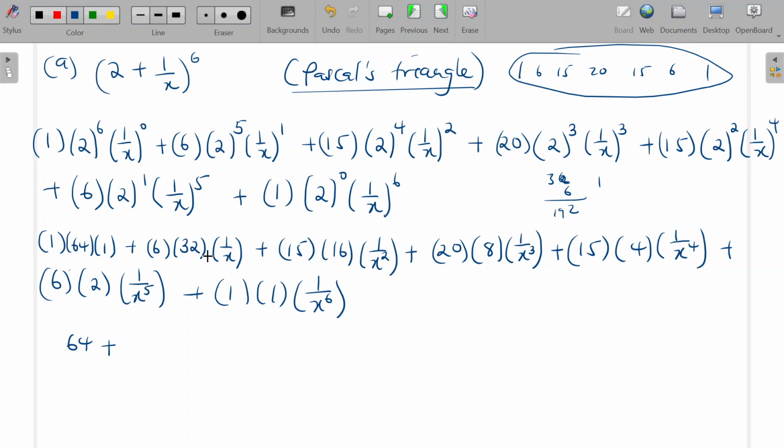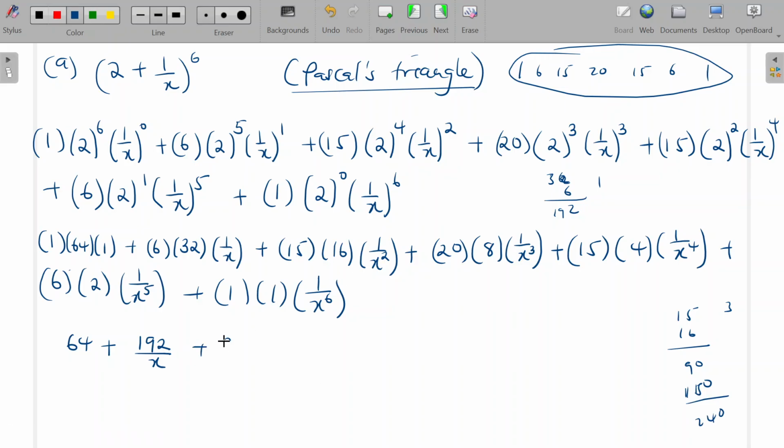So it's going to be 192 times 1 over x, which is 192 over x. Then this one is going to be 15 times 16, that is 240.